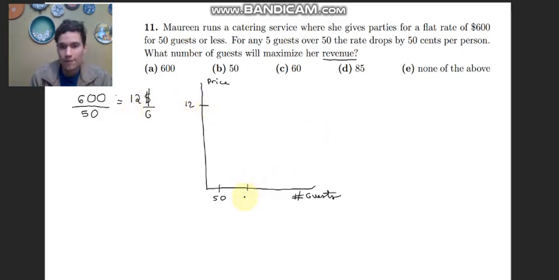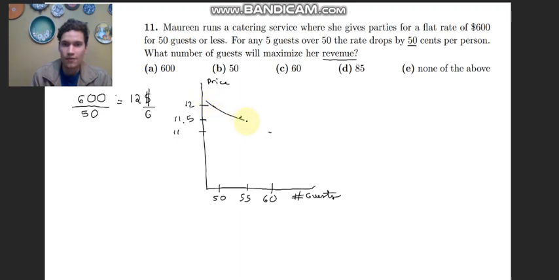If there are 55 guests, the rate drops by 50 cents, so the price will be $11.5 per guest. If there are 60 guests, there will be $11 per guest.